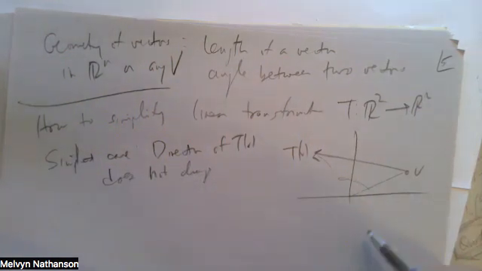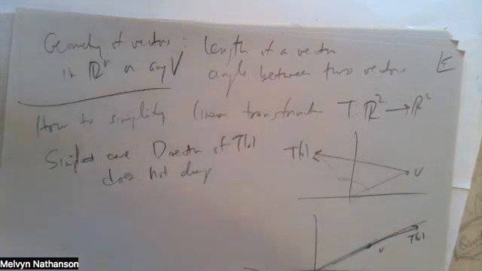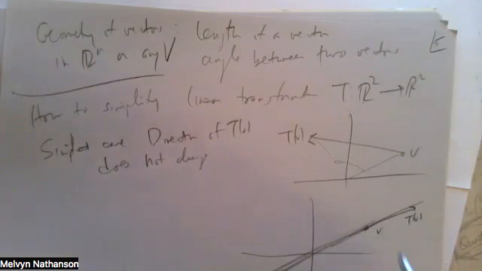And what I mean by that is, here's my vector v, and let's suppose that T of v maybe just moves along in the same direction along the line, or along the line but going in the opposite way. But in any case, T of v still lies on this line. That would be a very simple action. And if this is the case, v is not zero.